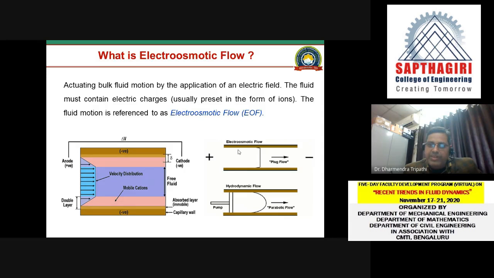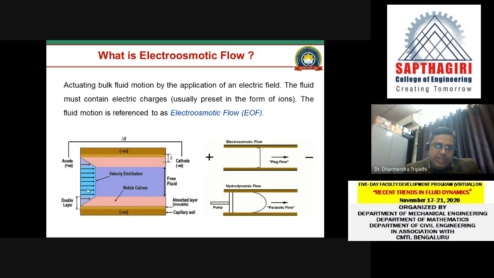If blood flow is moving in a very controlled manner, then there is no problem or case of any disease. So that is the advantage when you study electroosmotic flow. This is the difference between electroosmotic flow and pressure driven flow.